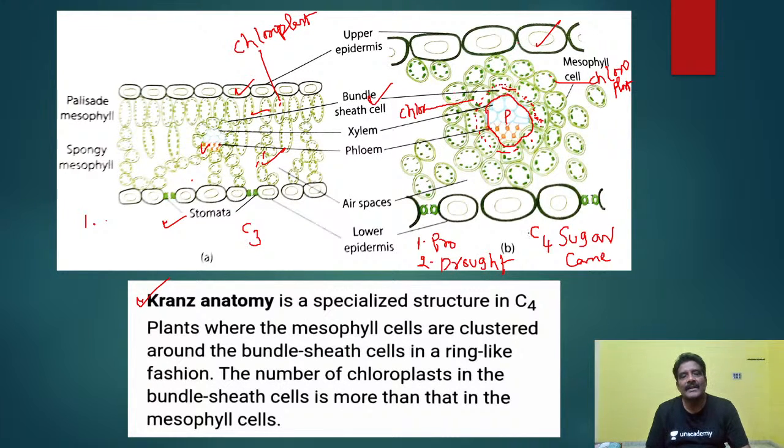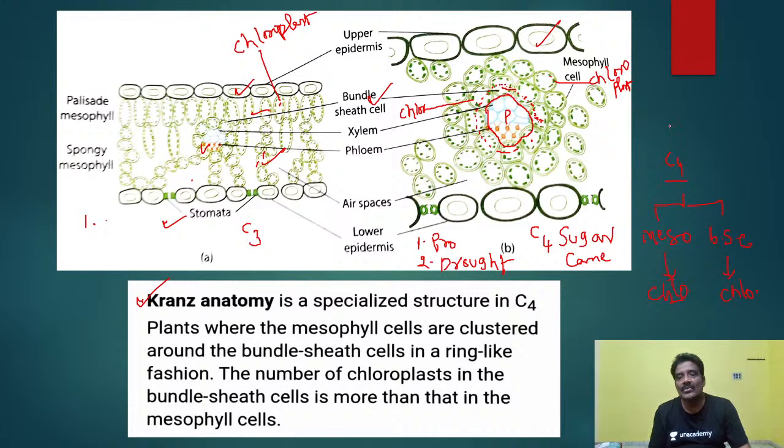So here you see, in C4 plants, how many types of cells are present? Tell me. Mesophyll and another one, the bundle sheath cell. Bundle sheath cells contain chloroplast, and mesophyll cells also contain chloroplast. That point you have to understand.